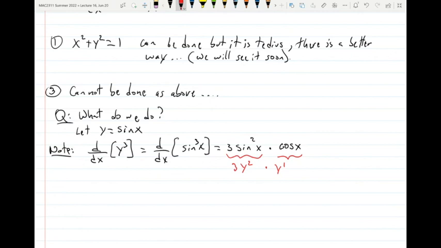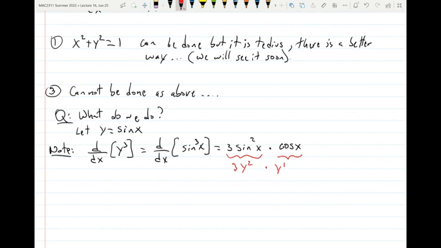In other words, when you have y cubed, what is this? This is a composition. y is a function of x. The outside function is the x cubed function, and the inside function is y. In this concrete case you know what y is, it's sine. But when you don't know what y is, it's still a function, so y is still the inside function. It's your g, the chain rule.